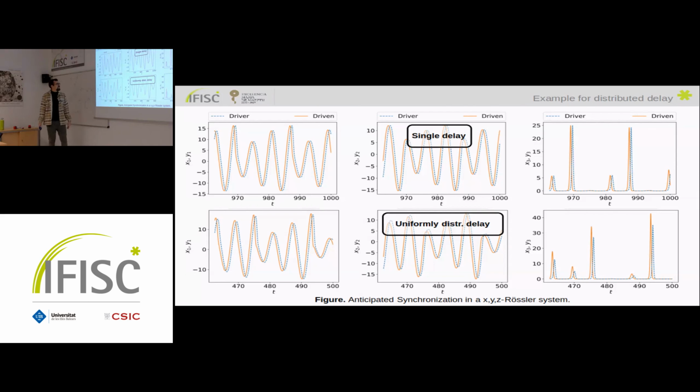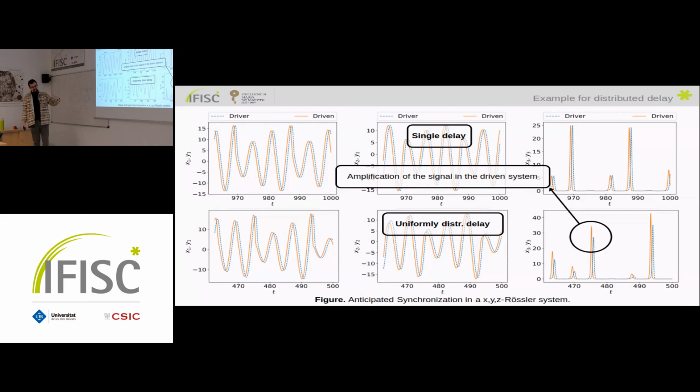Indeed, there are some papers that also work with that kind of thing. And of course, in that case, if I have an amplification of the signal, it means that I will be able to catch this spike earlier, and then I will be able to act on it early. So this is an interesting result for us.